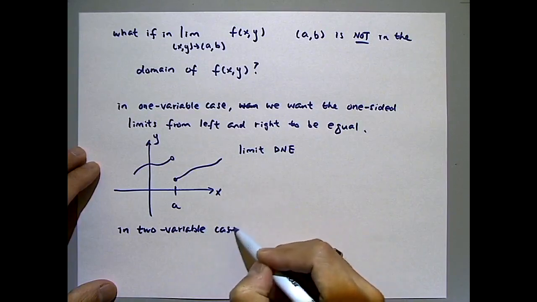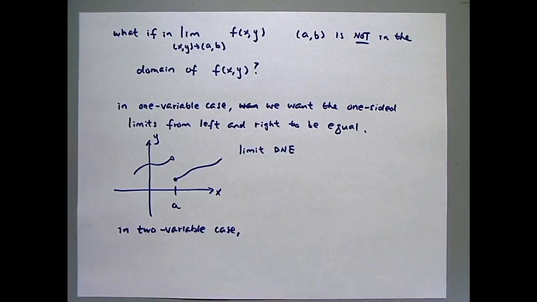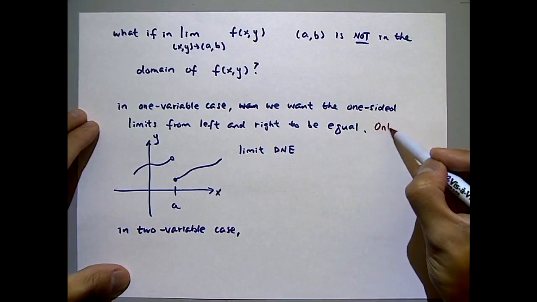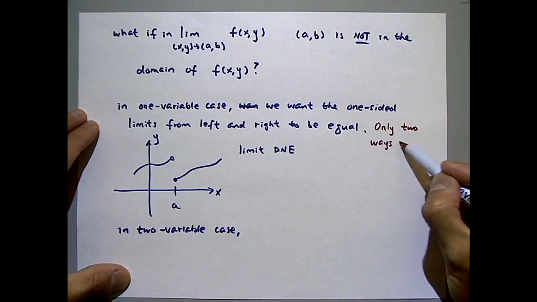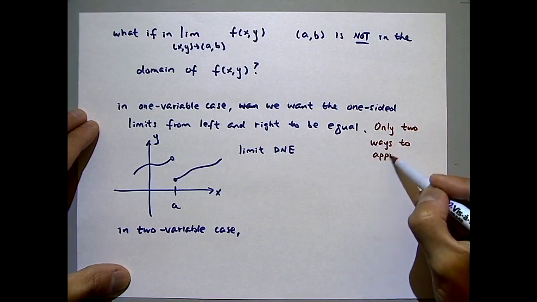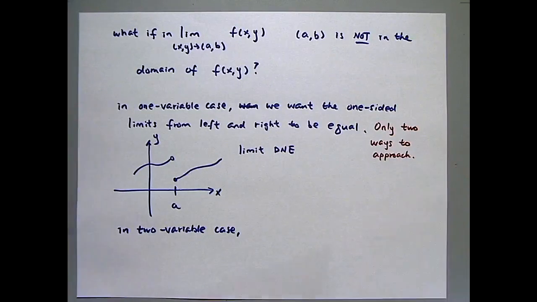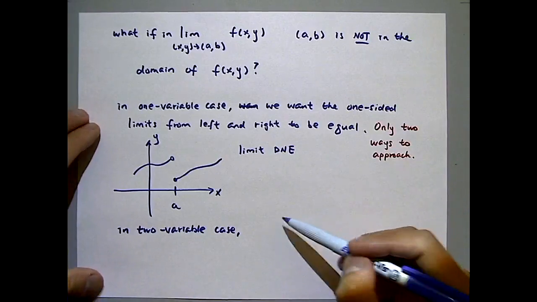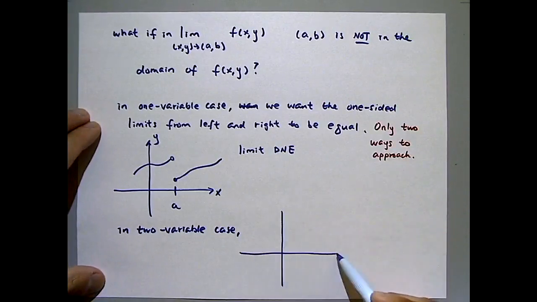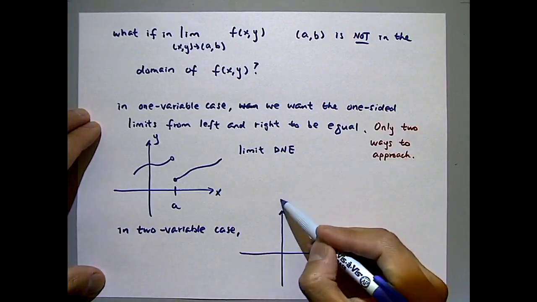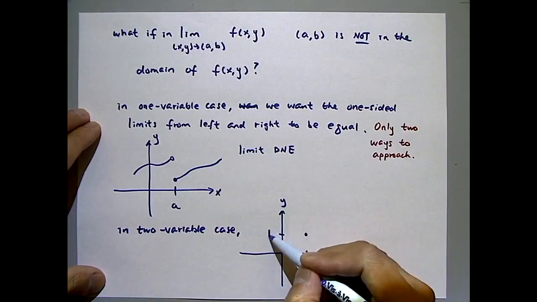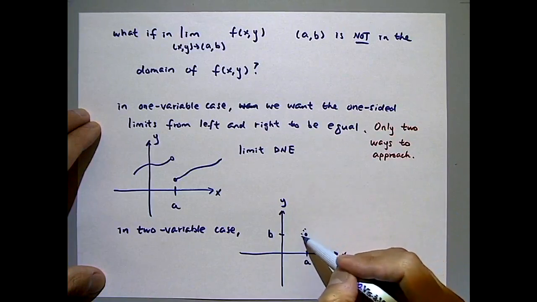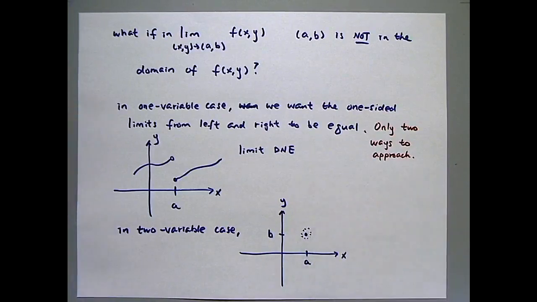In a two-variable case, so let me write that down here. In a one-variable case, we only have two ways to approach. In a two-variable case, remember the goal is that tiny little circle around that point a, b.